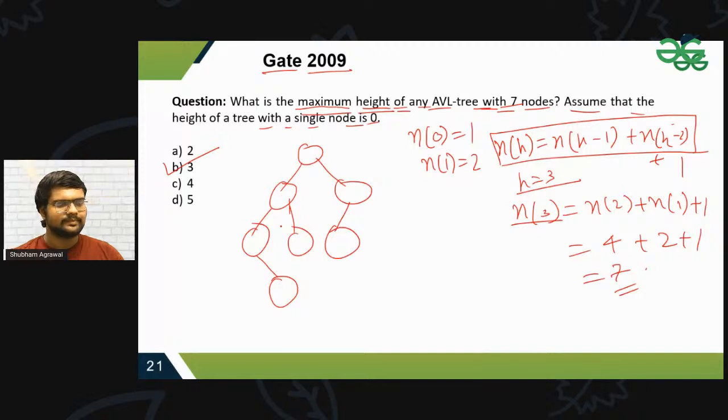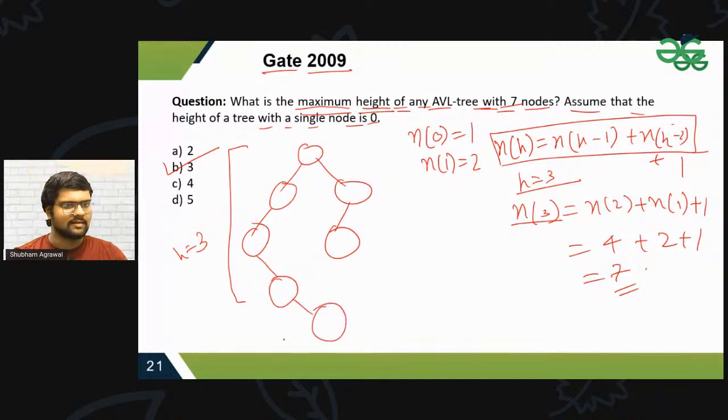If we erase this node and put it here, the height is 4, but it is not an AVL tree, because the balance factor is not stable here. Here it is unbalanced. So the correct answer for this question will be h equal to 3.